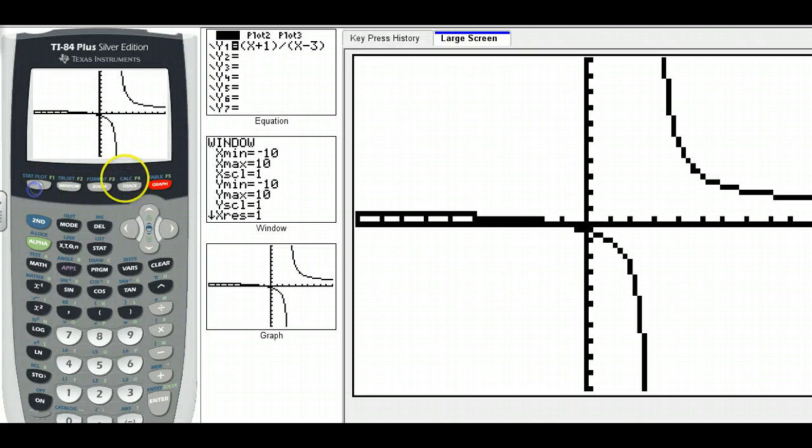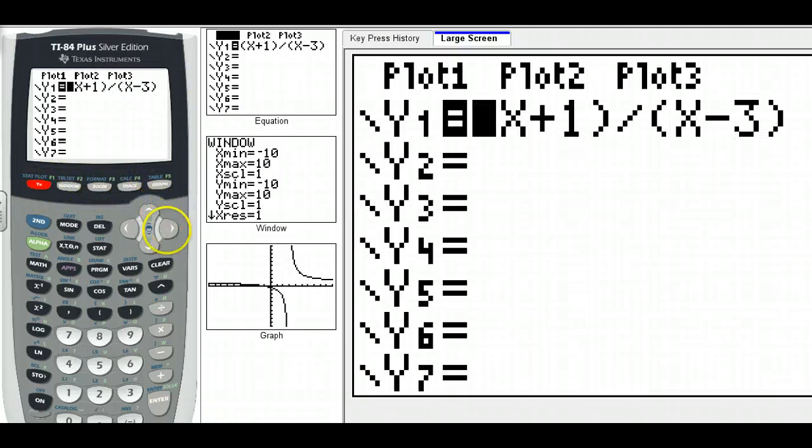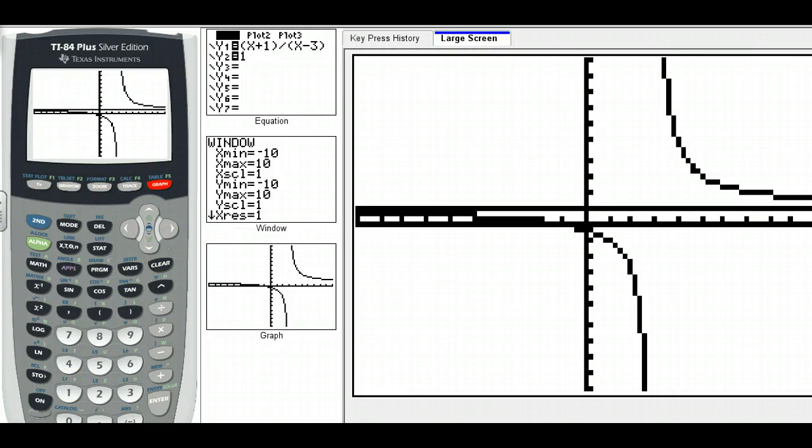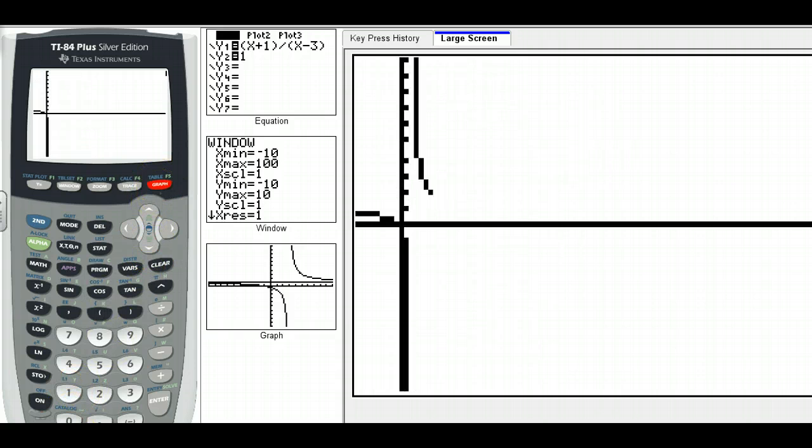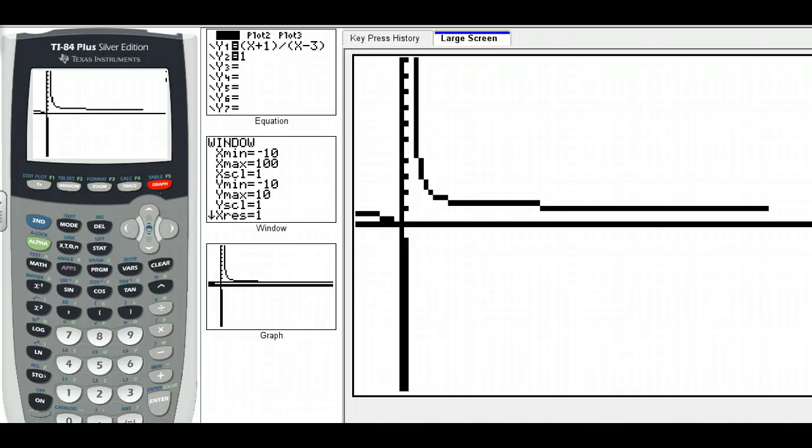If I graph, back to example 1, if I graph y equal to 1, and then I change my window a little bit and increase my x's, and I graph this, y equal to 1 and my curve look like the same thing. They're not exactly, but that's what our end behavior somewhat dictates.